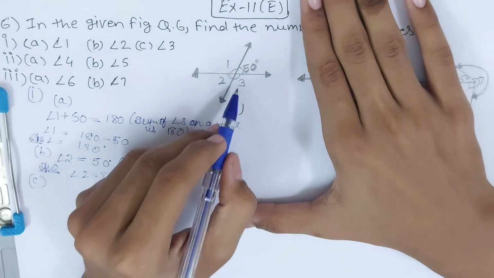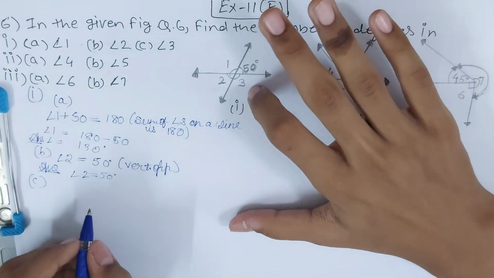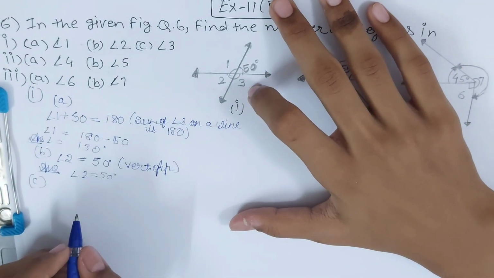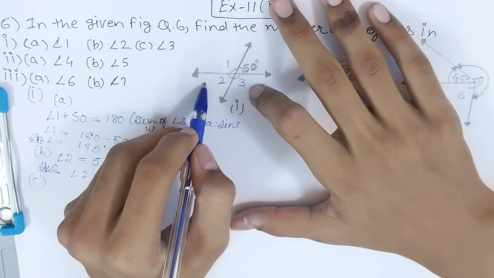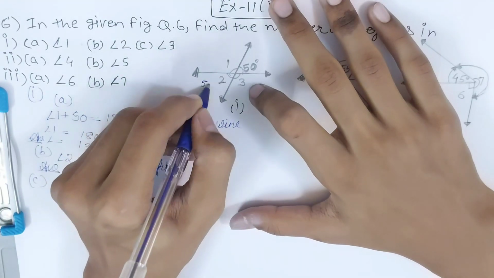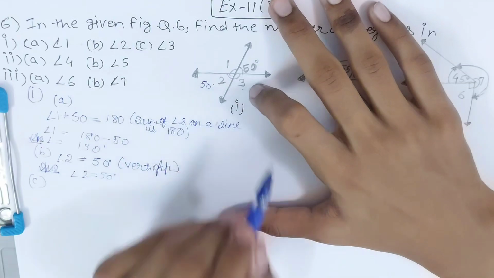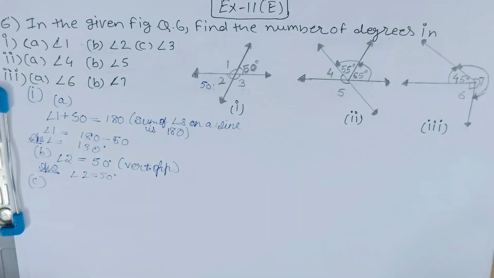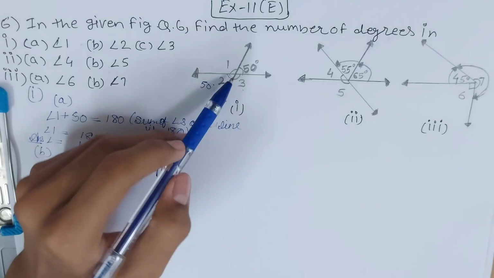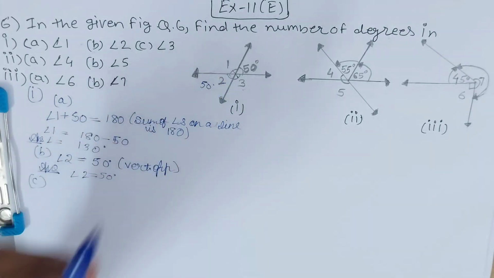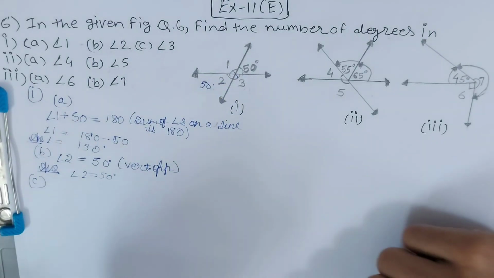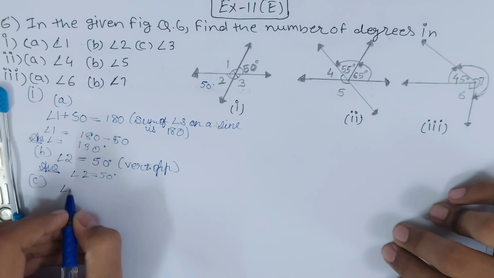Okay, then part C. You have angle 3 you have to find now. And for this you can use any property, right? Now that you have found that angle 2 is 50 degrees, you can easily do 2 or 3. You can take the sum of angles on a line as 180 and then do it, or you can also use vertically opposite angles 1 and 3. I will use vertically opposite because that's easier.